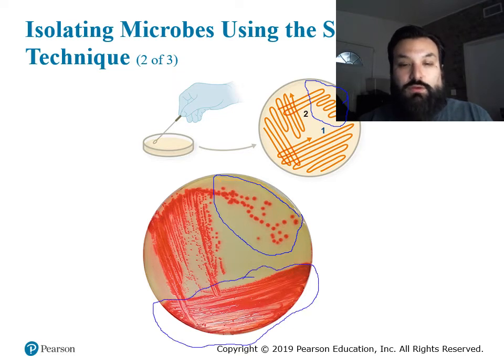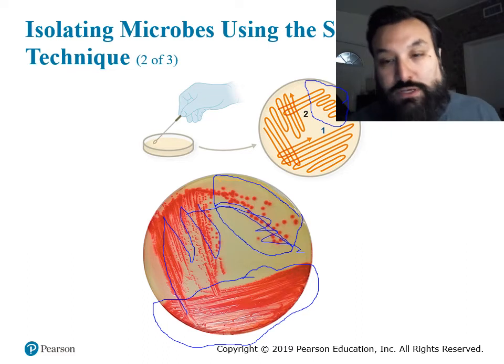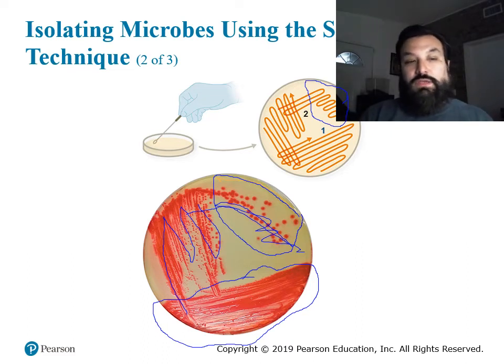This would be number 1. This is where we first introduced the microorganisms to our plate, and then we took some of it and went this way, and then took some of that and streaked it this way. That's what you see there. That's a streak plate. You'll actually do this technique and try to get good at doing streak plates.